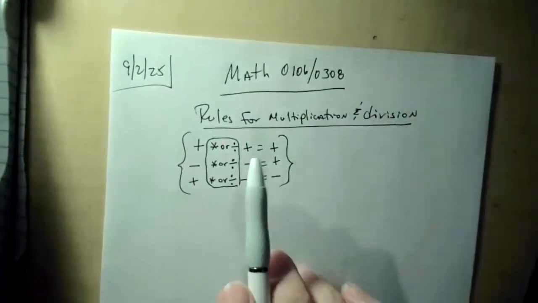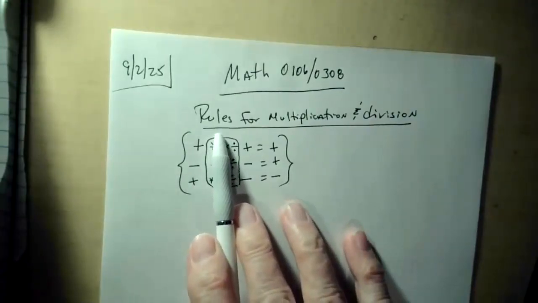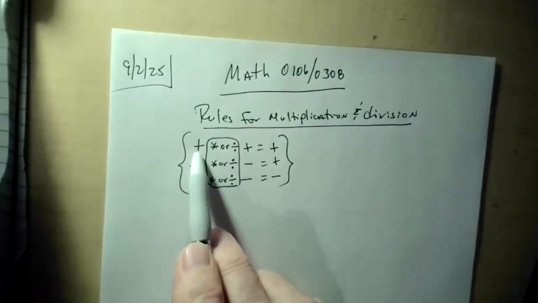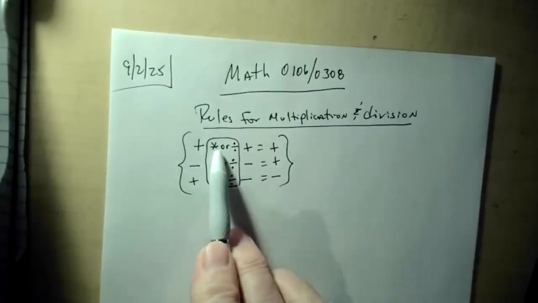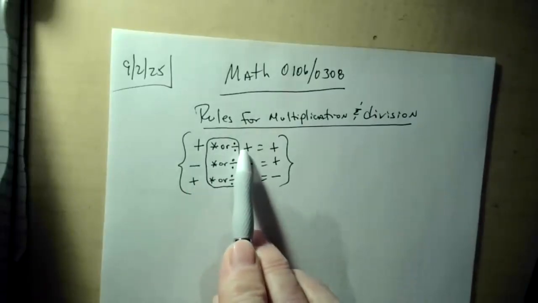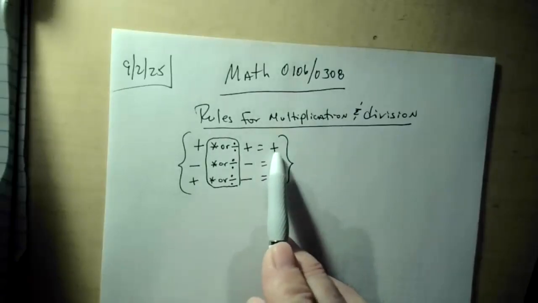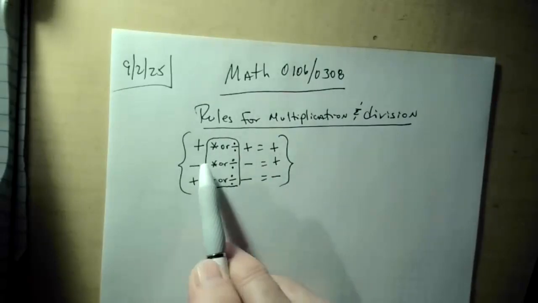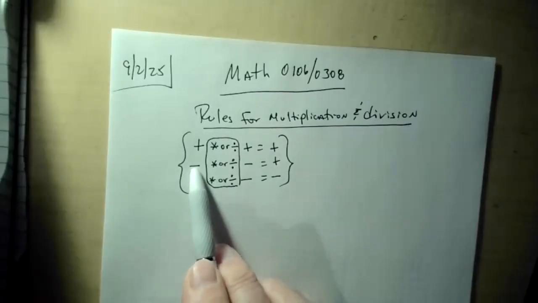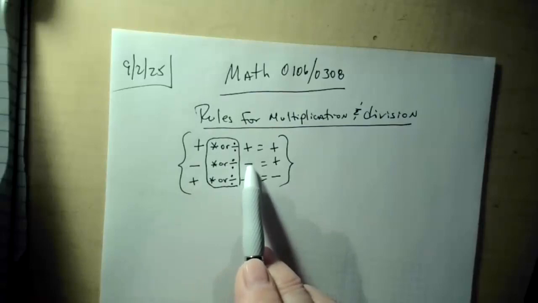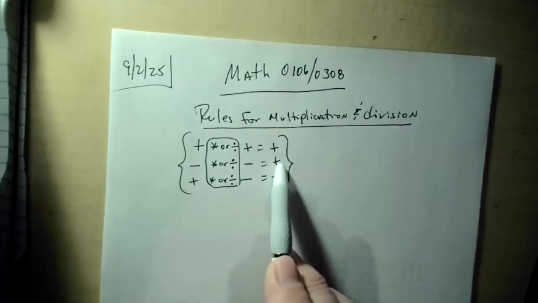Now, let me go over this again because it's very important. The rules for multiplication and division. If you have a positive number either multiplied or divided by a positive number, like 10 divided by 5, is a positive 2. And the same rule: a negative divided by or multiplied by a negative number is also a positive number.